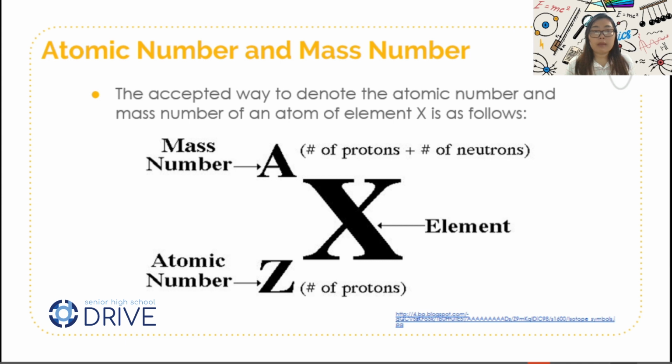You have the mass number, which is A here, which will become your superscript. X represents the element, and then the atomic number, Z, will be the subscript. Okay? Remember, guys, that the atomic number is also the number of protons. And the mass number is the number of protons plus the number of neutrons.